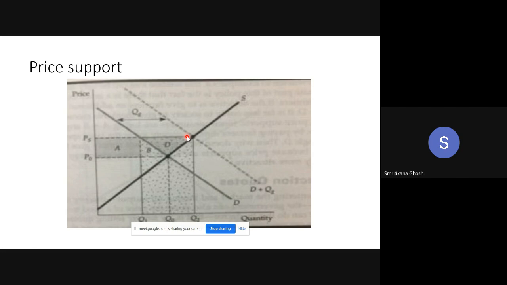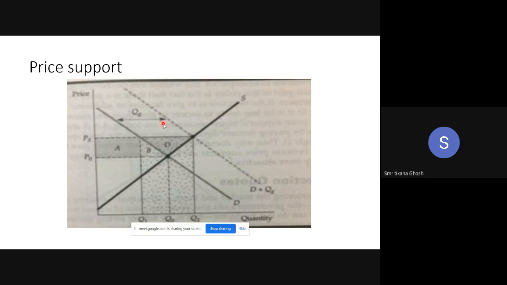So the demand curve will shift upward. The new demand curve will be this dotted one. And what is the value of this new demand curve? The initial demand plus QS. QS is the excess supply. So whatever be the excess supply in the market at the price PS, it will be purchased by the government at PS price.